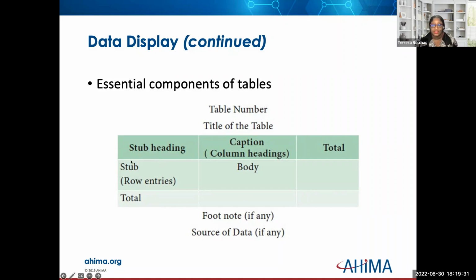You have your subs, categories on the left-hand column of the table. You have your body, information that's going to be formed by intersecting columns and rows. Your footnotes, source footnotes. This is going to be the source for any data, and it should be identified in a footnote, okay?